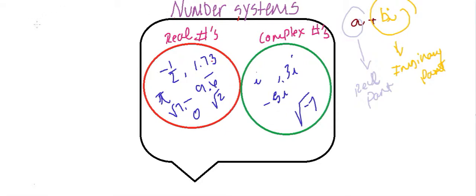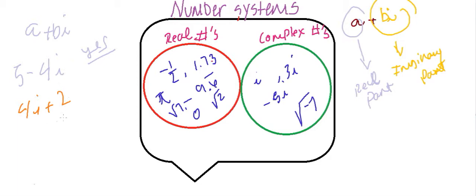If we have a plus bi, correct? We know that this is the formal complex standard form, okay? So if I have 5 minus 4i, is this written in complex form? Yes, it is. Now, if I have 4i plus 2, is this written in a plus bi?